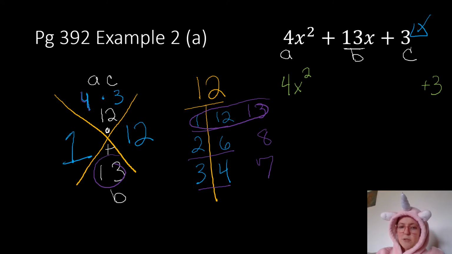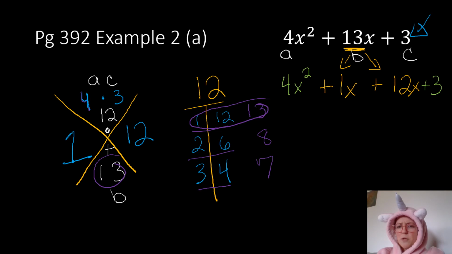All we've done in this one is unsplit this middle term, uncombining our like terms. This turns into a plus 1x and a plus 12x. It doesn't matter which order you put them in. You could have put the 12 in front, or you can put the 12 second. You'll get the same factors each time.